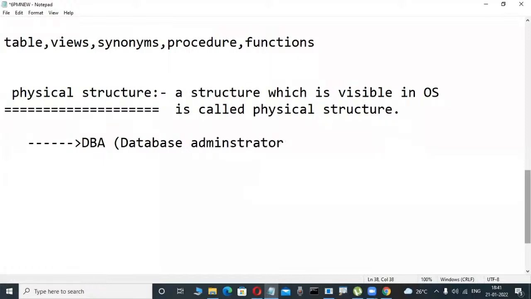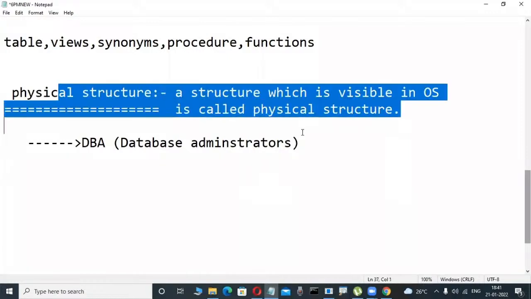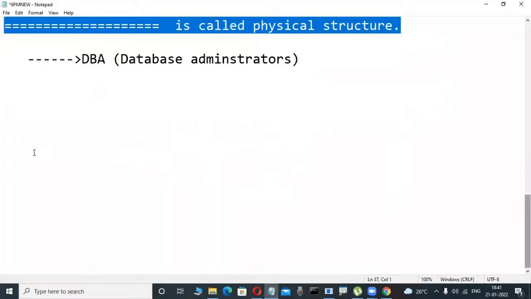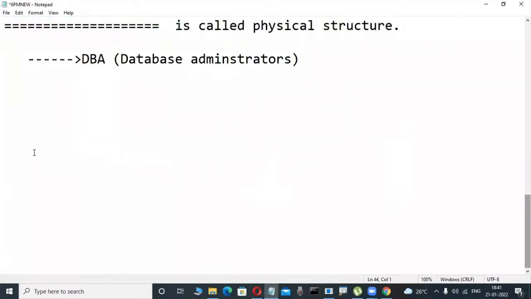Those database administrators only work in the physical structure. Suppose I am an Oracle DBA, for example, learning the Oracle DBA course. Backup, recovery, so many things are there in that, tablespaces, segments, so many, don't worry.